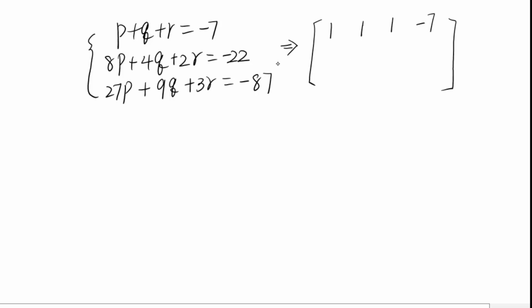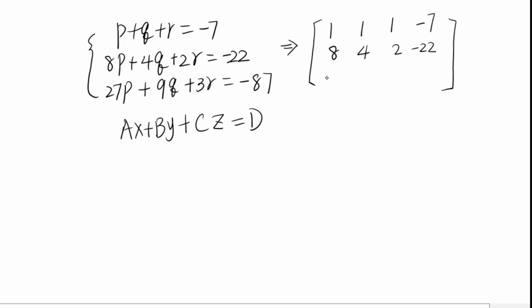Remember, when you want to use a matrix to solve a system of equations, you have to change every single equation into standard form, which is ax plus by plus cz equals d form. For the second equation, we have 8, 4, 2, negative 22.